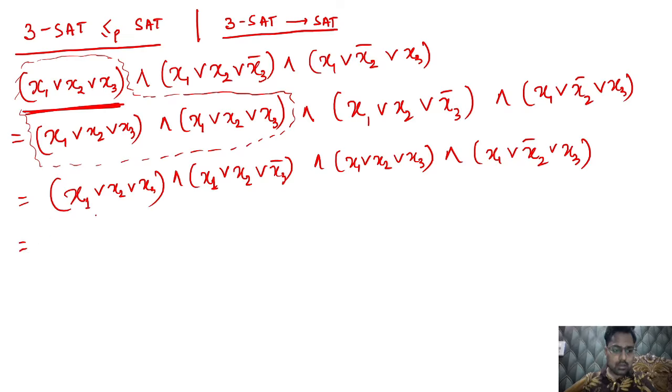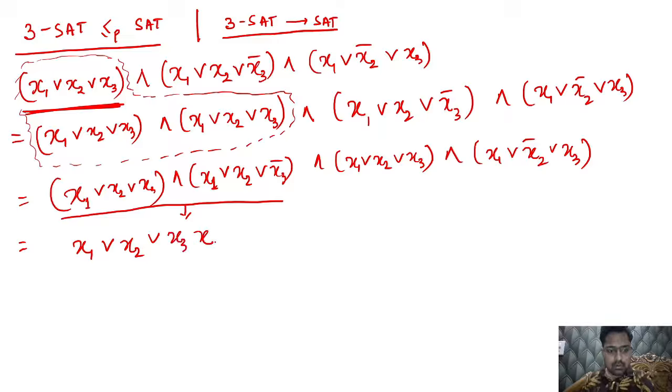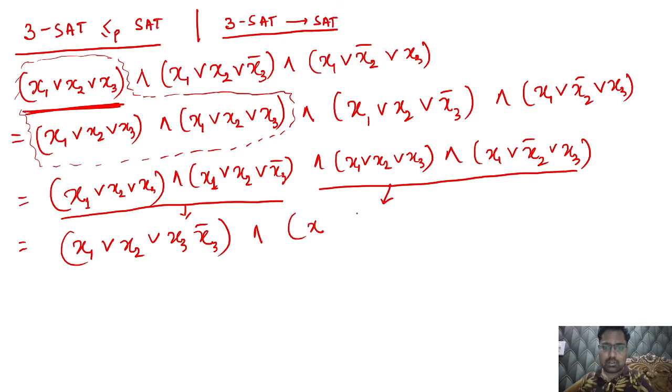As per the rule, we can change this to x1 or x2 or x3 into x3 bar. This will merge now, x1, x2, x3, x2 with x2 bar, then x3.